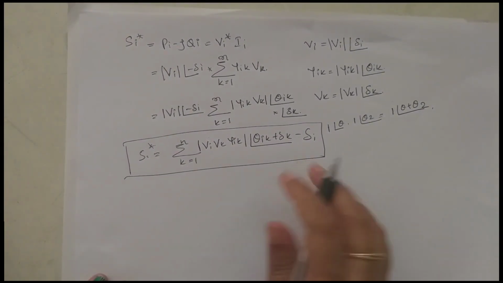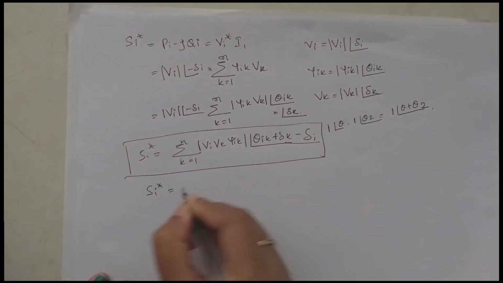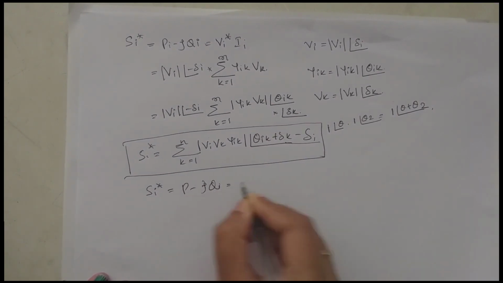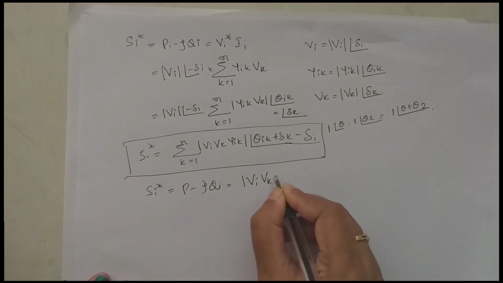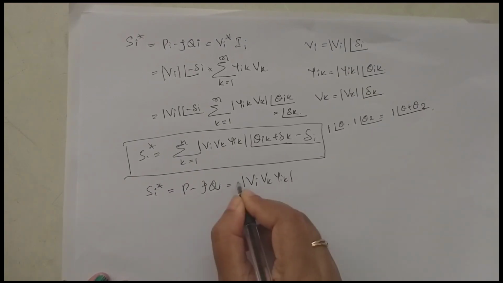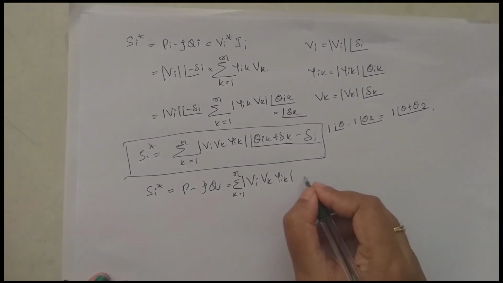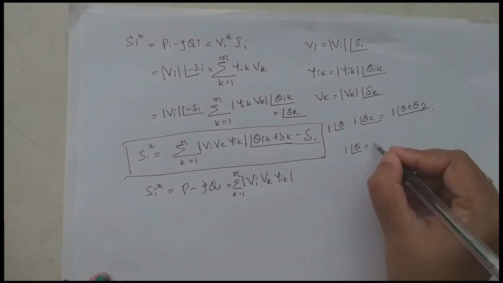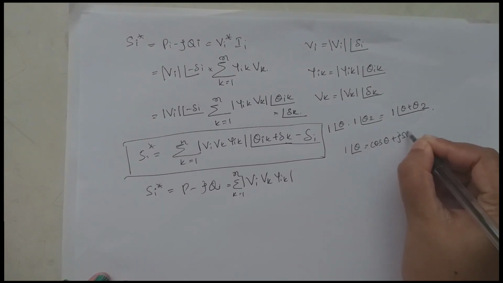So, when we expand it, Si conjugate, which is equal to P minus jQi, is equal to summation k varies from 1 to n of Vi Vk Yik. 1 at an angle theta can be represented as cos theta plus j sin theta.